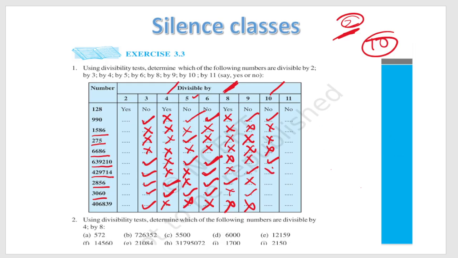This means this is not divisible. Next, 2856. 6 is there. Not divisible. 3060. 0 is there. Divisible. 406839. 9 is there. Not divisible.